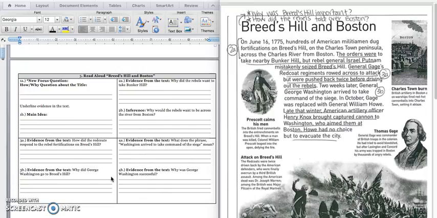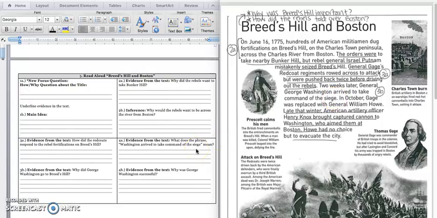It says, what does the phrase Washington arrived to take command of the siege mean? So if we go back in this text, we know that siege means battle, and we know that the American soldiers, or the rebels, had just lost. And so if Washington arrived to take command of the siege, that means that Washington arrived to take over leading the American army.